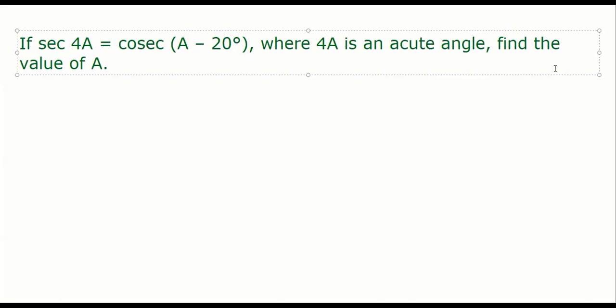You know why acute angle? Because I told you, right? 90 minus theta, 90 plus theta. That's the point. That's why I say theta is between 0 and 90. That's what they are saying. Find the value of a. Everybody try. Very easy question.